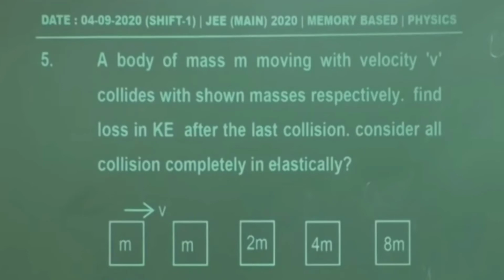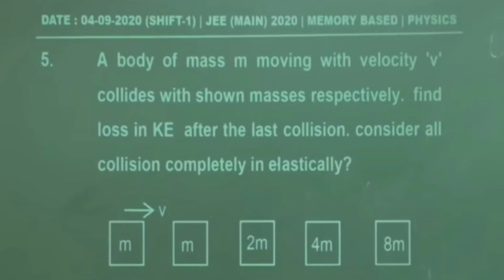Now we are going to discuss another question. Here a body of mass m moving with velocity v collides with other masses as shown in the figure. Find the loss in kinetic energy after the last collision.